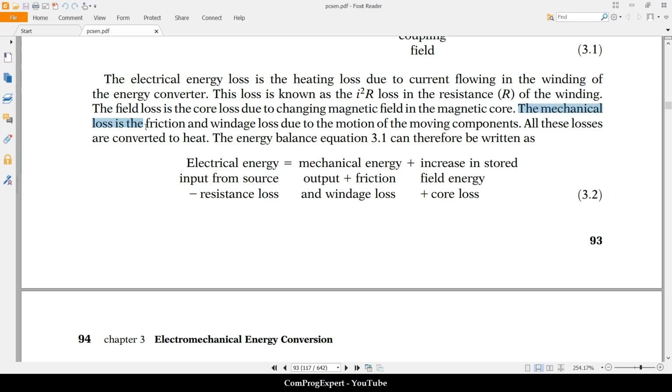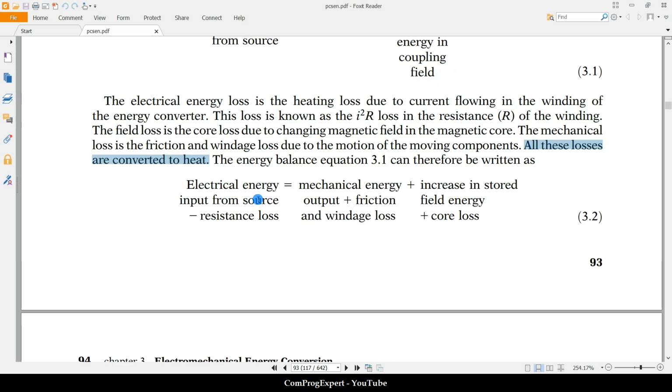The mechanical loss is the friction and windage loss due to the motion of the moving components. All these losses are converted to heat. So thermal design of electrical machines is also very important. The focus in this chapter of the reference is on electromagnetic design. We don't discuss thermal design.